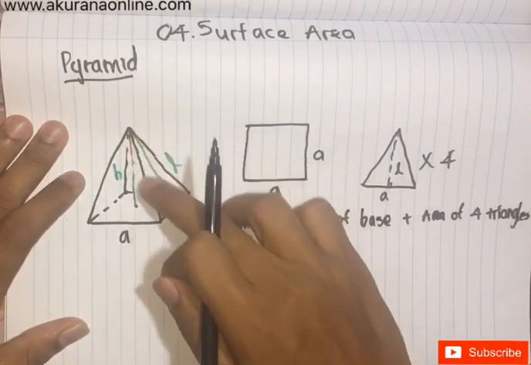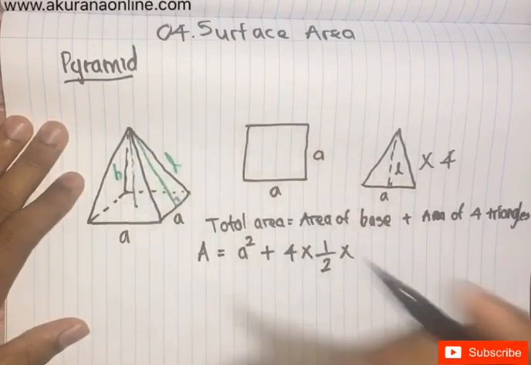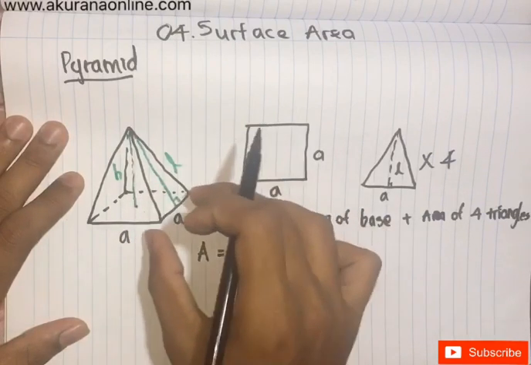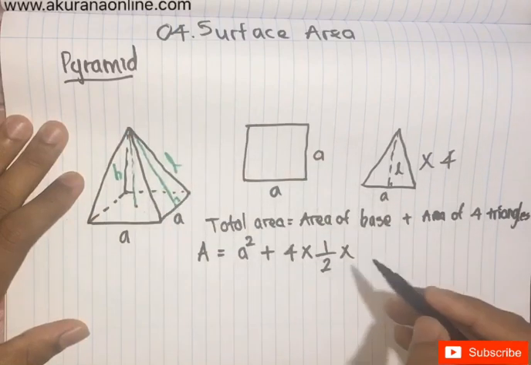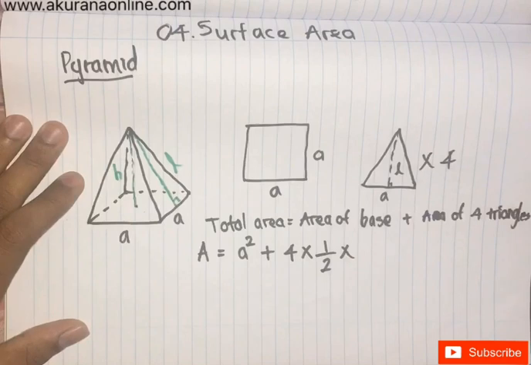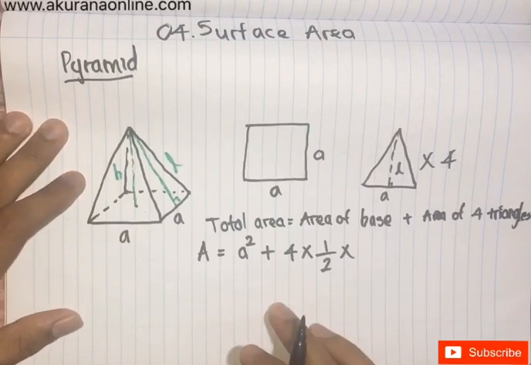Now you are going to consider only the triangular part. Therefore you have to take L and not H. H is the perpendicular height of the pyramid, but here we are going to find the surface area of the triangular surface. Therefore you have to consider L. Also the base, what is the base here? It is already given as A, so I'll just substitute.